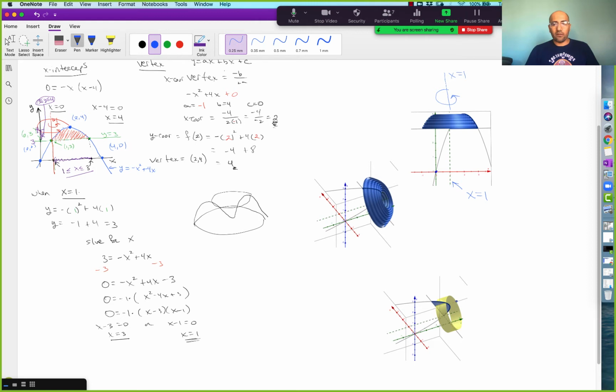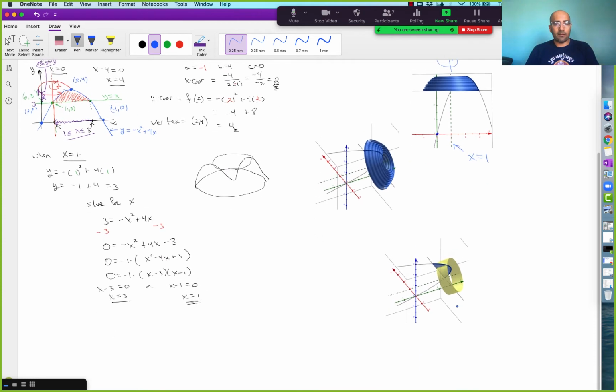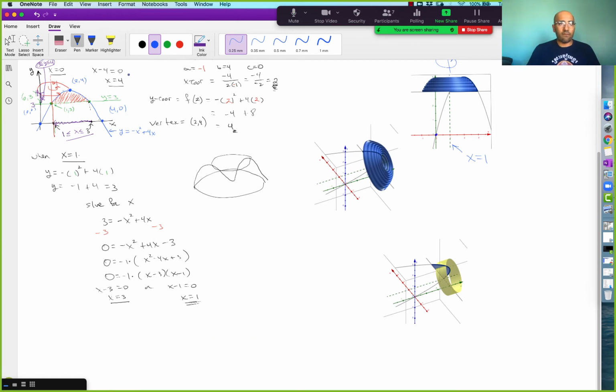Okay, so we want shells. The shells are going to look a little like this, except they have some sort of thickness to them. And we want to use our formula: the volume of one cylindrical shell is going to be equal to the thickness of it, which for us is going to be a delta x.